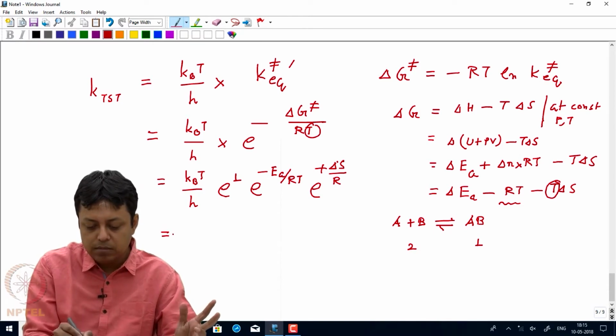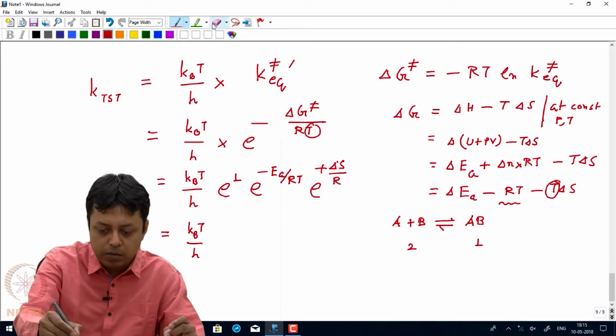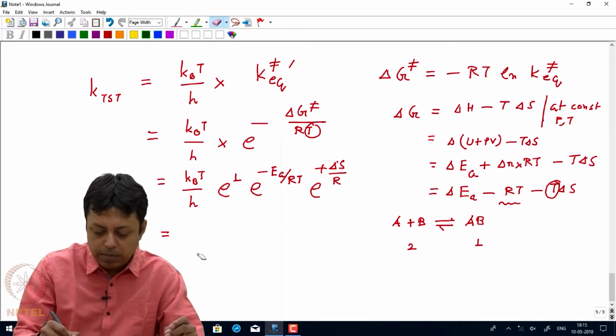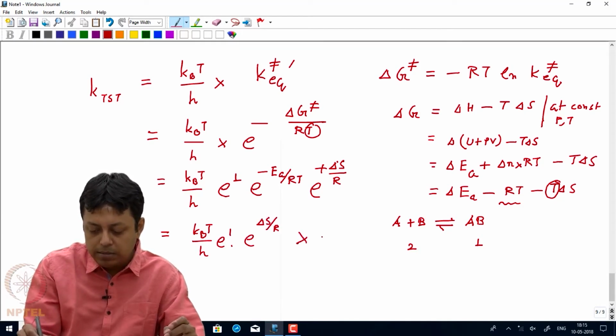So we can just rearrange the stuff, which is kBT by h into e to the power minus Ea by RT, or we can keep the form kBT by h into e times e to the power delta S by R times e to the power minus Ea by RT.